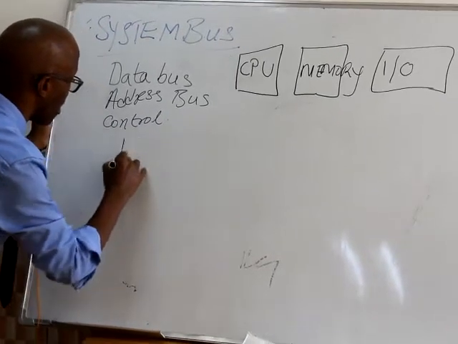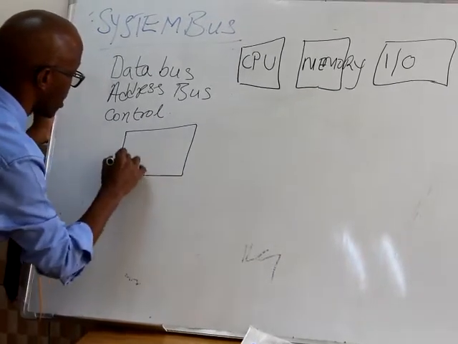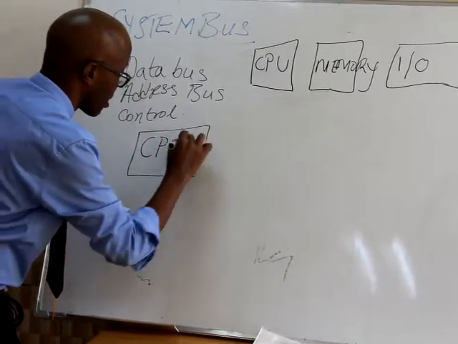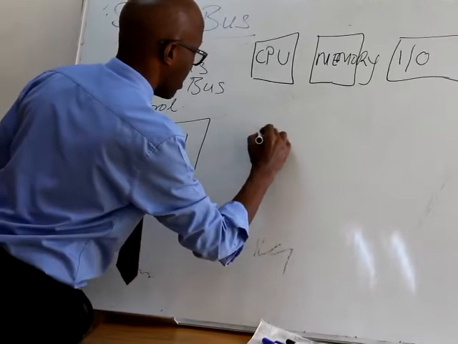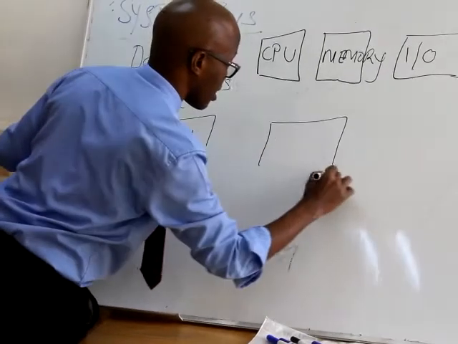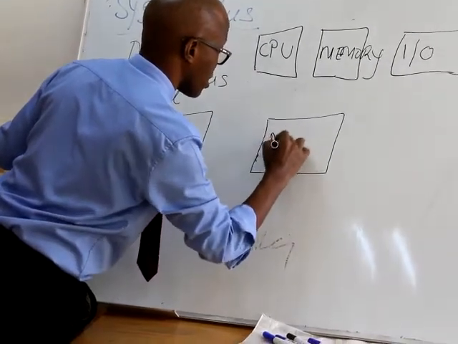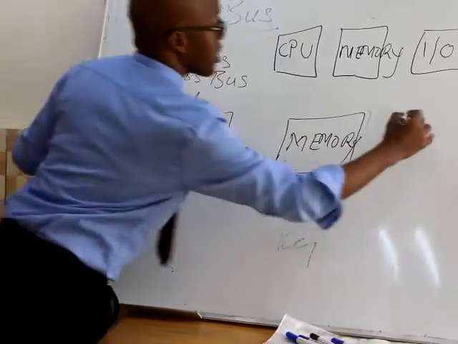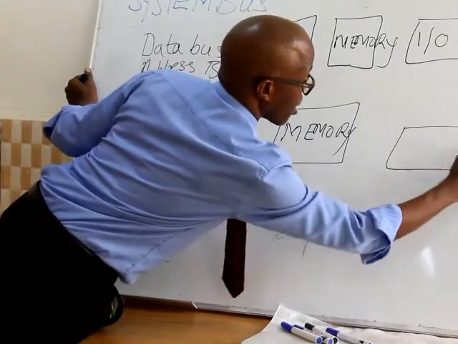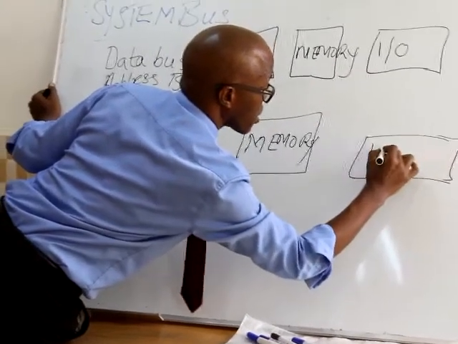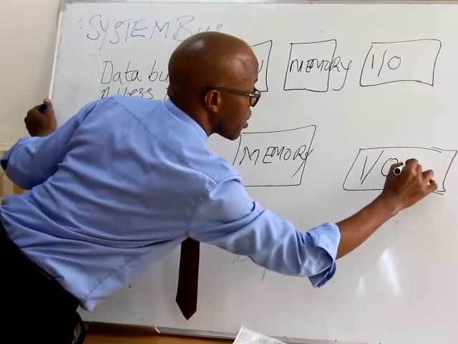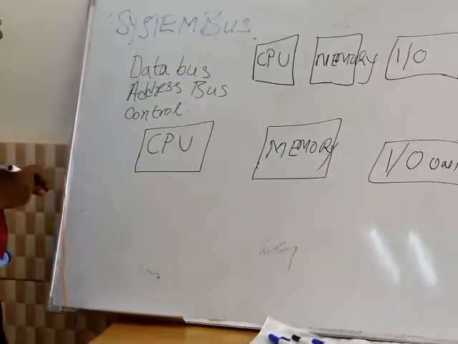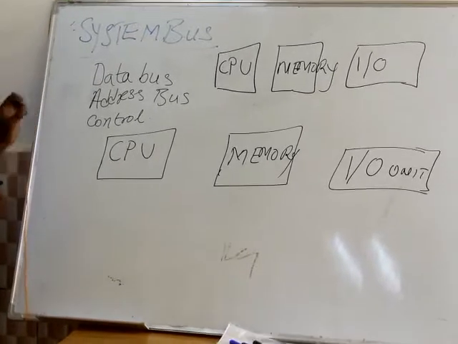Let's have our CPU here, and then our memory, and then our input output unit. Now what happens is this.